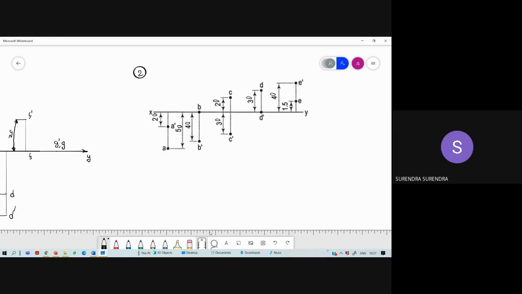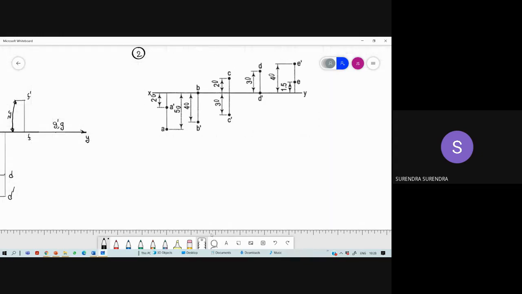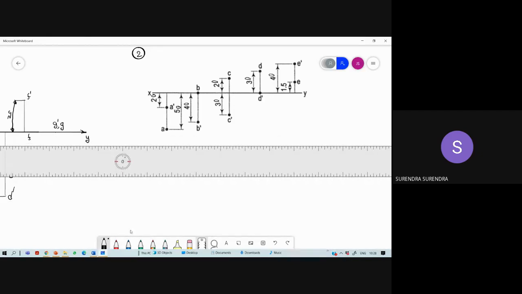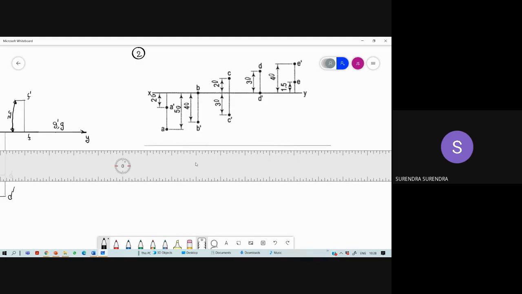Now, below this figure, draw the lines with 2H pencil, with 4 mm height.